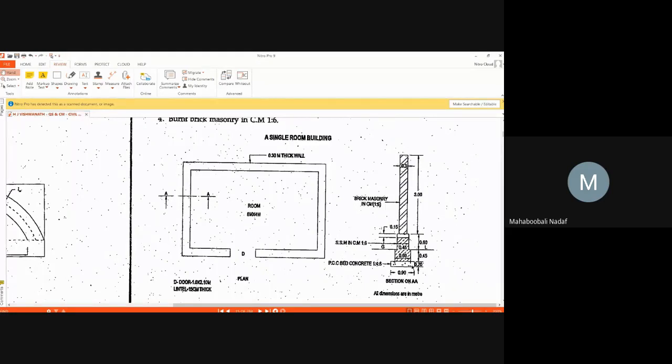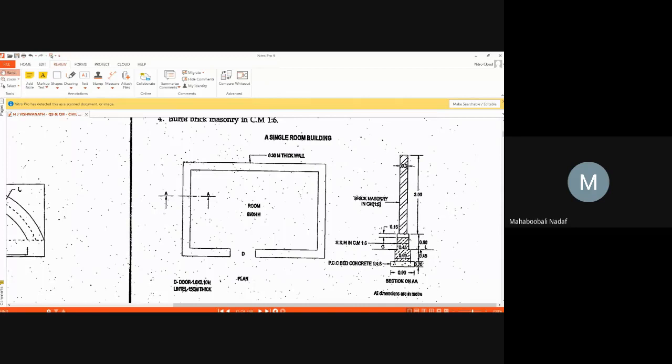Now for other things, the width and depth are given in the cross section. 0.9, 0.2, 0.6, 0.45. First footing, size stone masonry in footing. Second footing size stone masonry, 0.45, and its height is 0.6.